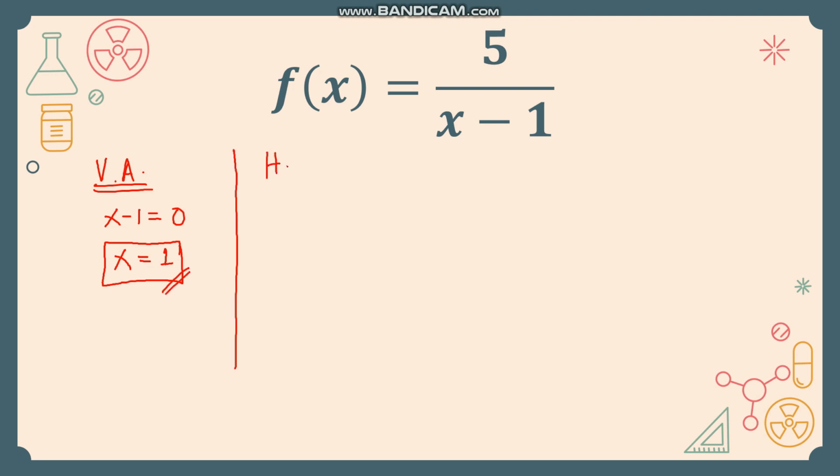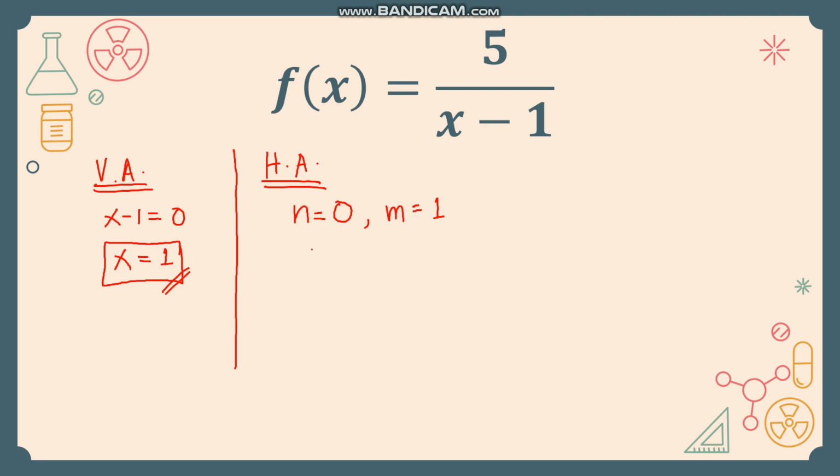Next, for the horizontal asymptote, we have to check first the degree of the numerator and the degree of the denominator. By looking at our function, the numerator is 5, which is a constant function, therefore its degree is 0. And the denominator is a linear expression, therefore the degree is 1.